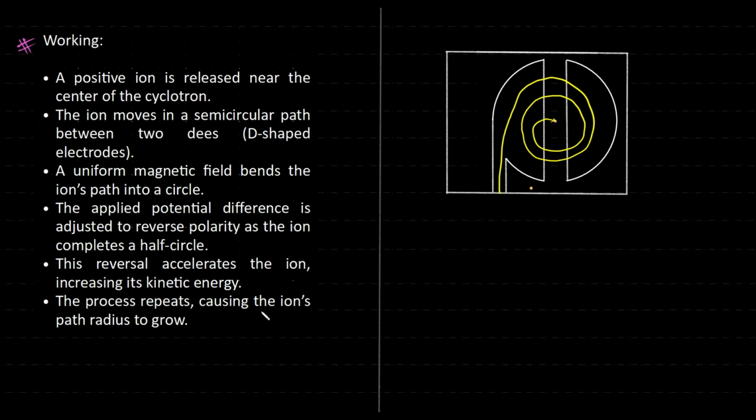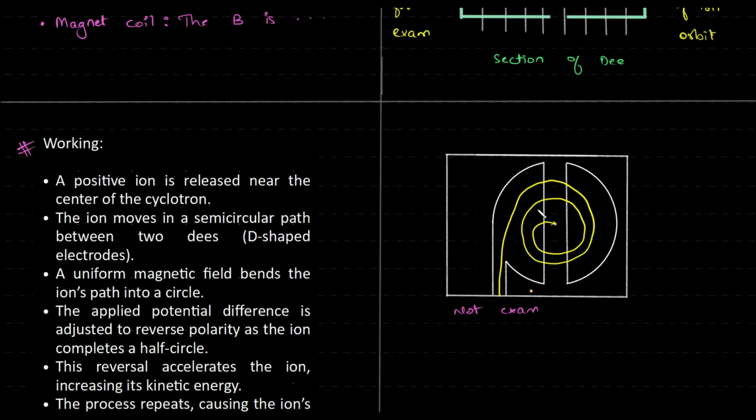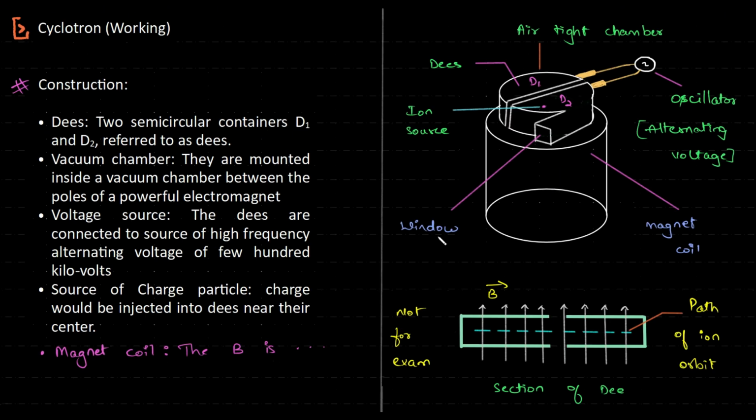This process repeats, causing the ion's path radius to grow. Okay, guys, this is not needed for the exam. This main thing is good enough. So please add this point. If not, yeah, this is good enough for exams.